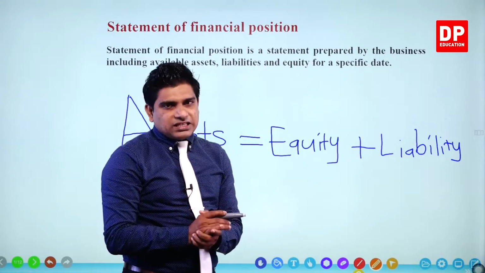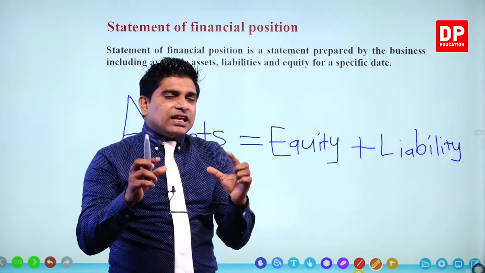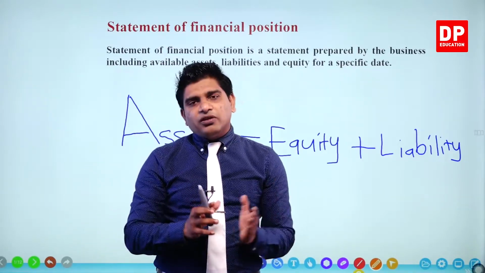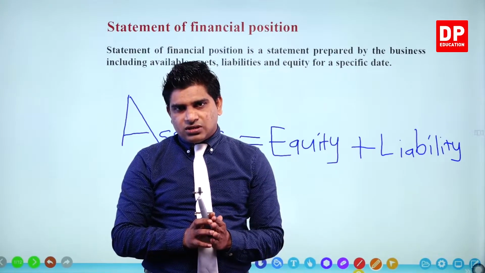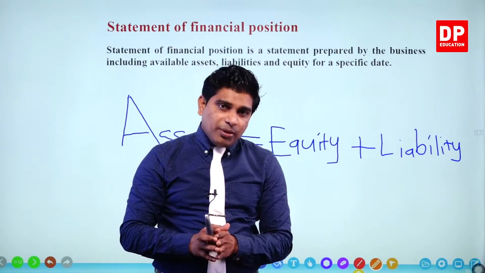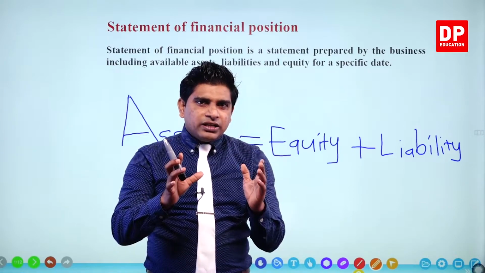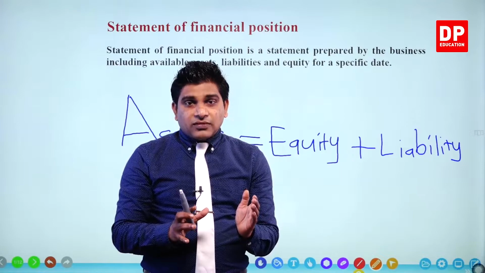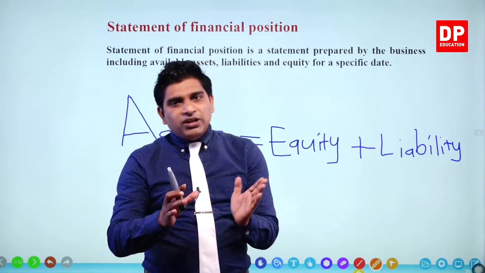This is the basic concept. This basic concept we apply here to prepare the statement of financial position. Why do I say that? Remember, here we record only assets details, equity and liability details.